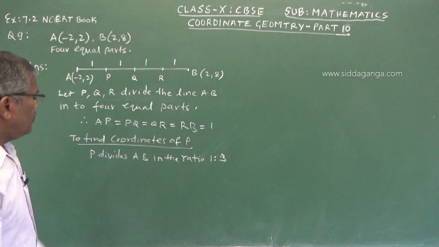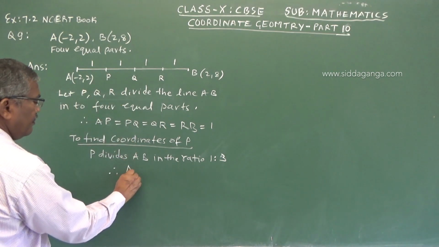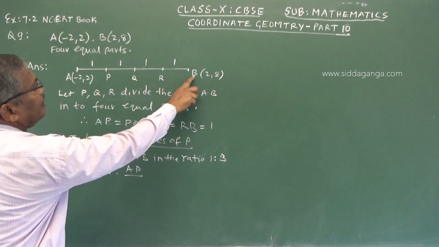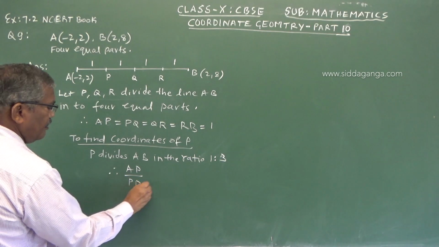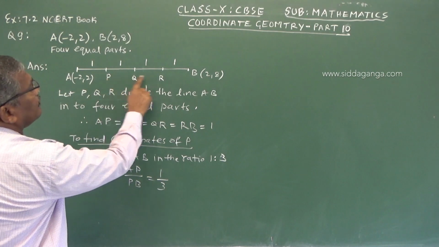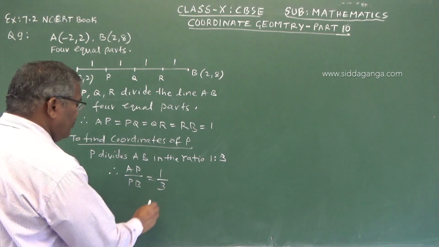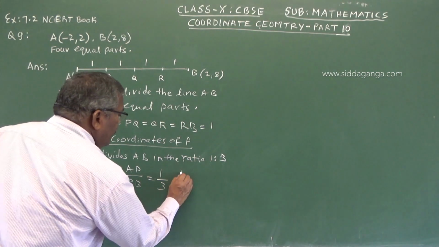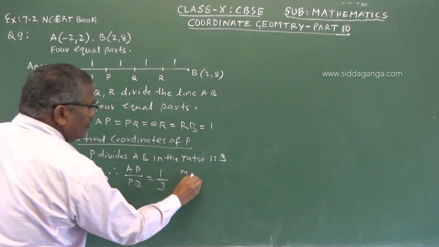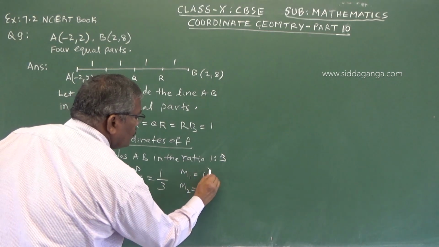Therefore AP by PB equals 1 by 3, since AP is 1 and PB is 3, from here to here 1 plus 1 plus 1 is 3. So we can call this M1 and M2. M1 equals 1, M2 equals 3. Keep this in mind.